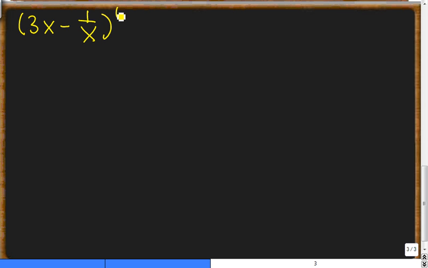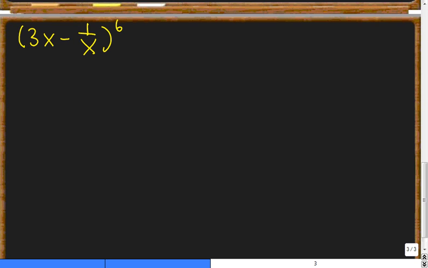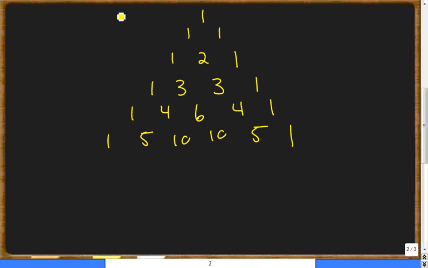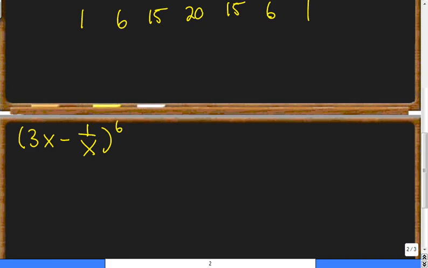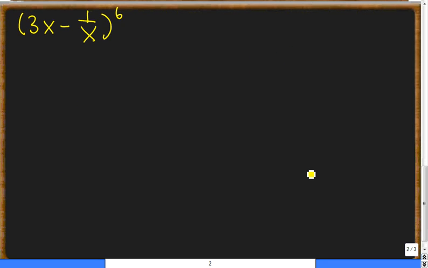So this one, because we have these different variables of x, it's going to make things a little strange for us, but we just do it the same way. This time we use 1, 6, 15, 20, excuse me, 15, 6, 1. All right, we use our next row. And so we start out, 3x gets all of the power to start.